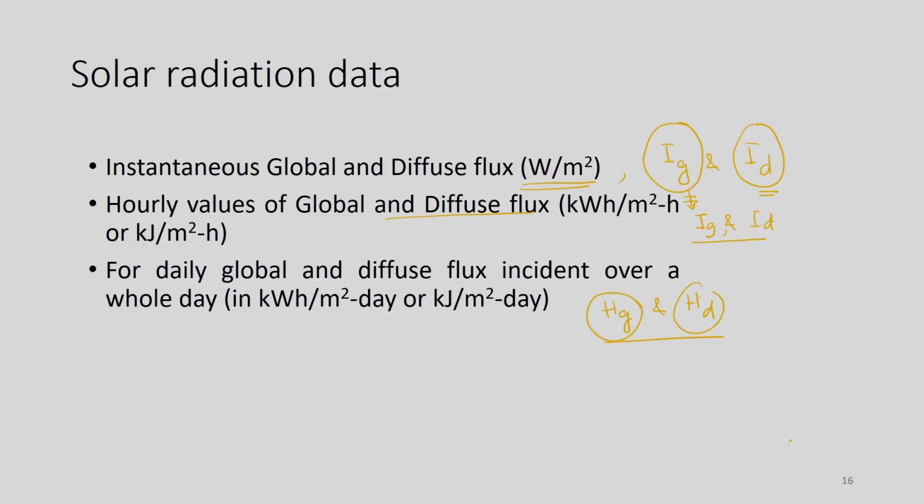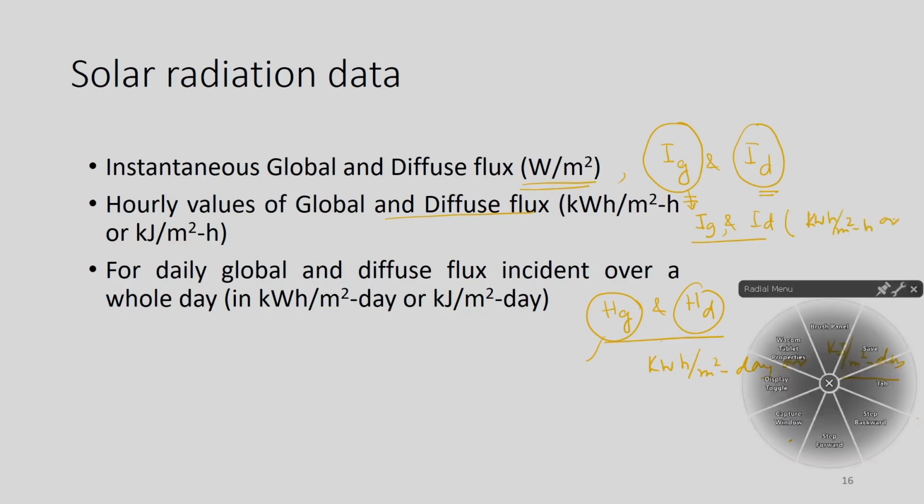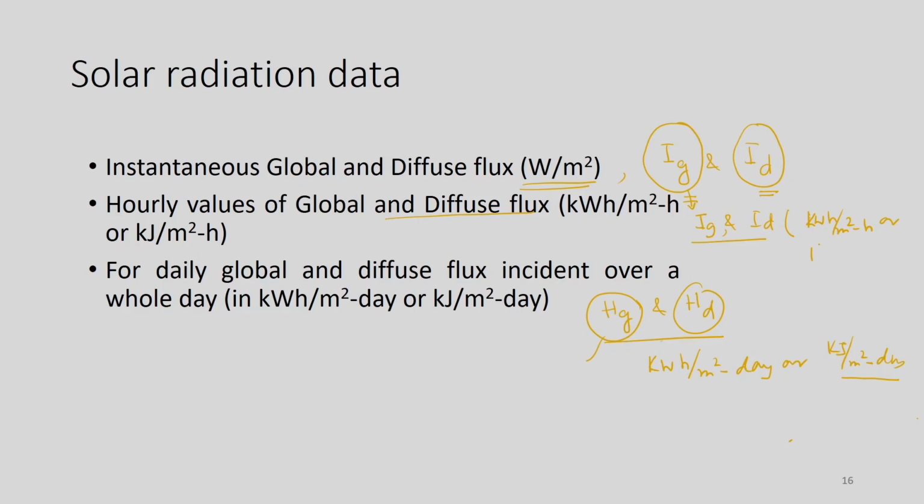The units of these two are kilowatt hour per meter square per day, or kilojoule per meter square per day. And the unit of the hourly values of global and diffuse radiation is kilowatt hour per meter square hour, or maybe kilojoule per meter square per hour.